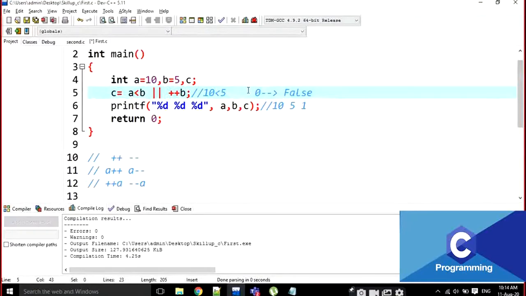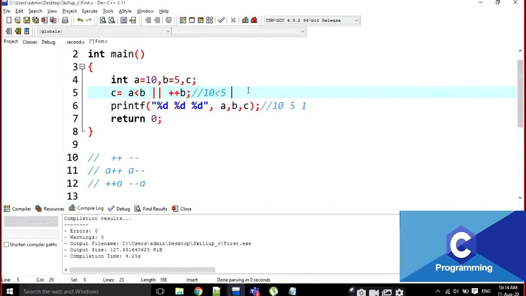Either it is 100 or negative 100, any value other than 0 is true. I will show you with the proof. Only 0 refers to false. Other than 0, either a positive or negative number, is true. Note down that point also. Very important points.